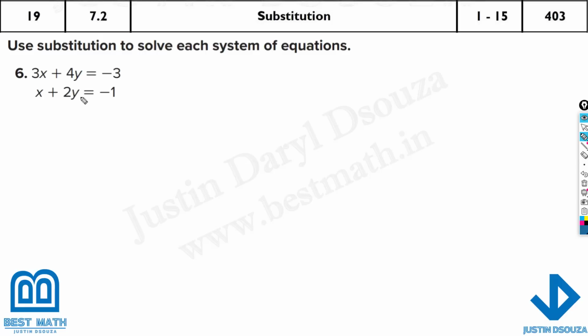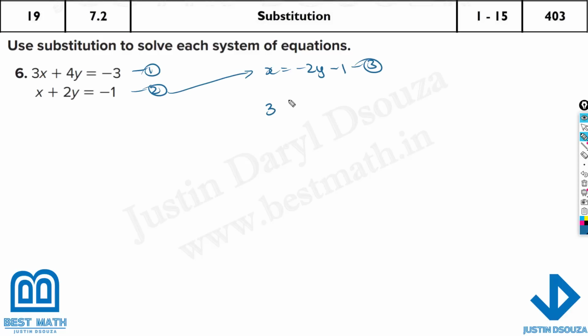Rather than keeping y and solving it, I just take this to the other side. So this is equation 1, equation 2. I'm going to rearrange equation 2 and write x is equal to minus 2y minus 1. Now this equation 3, I will put it in equation 1, because I used equation 2 to get this. I can't put it back in the same one, I put it in the other equation.